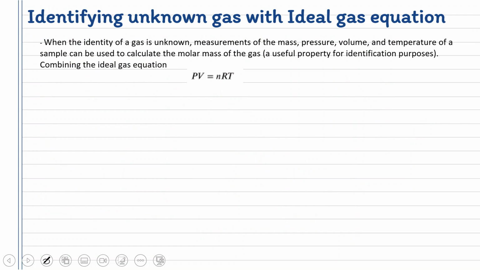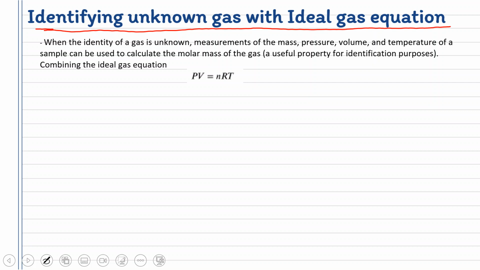Great. So we're going to take this a step further. Why are we doing all of this? The reason is to help us identify an unknown gas. There's a gas present.